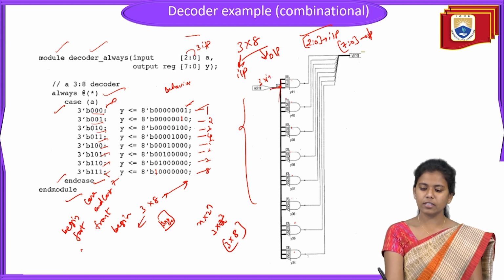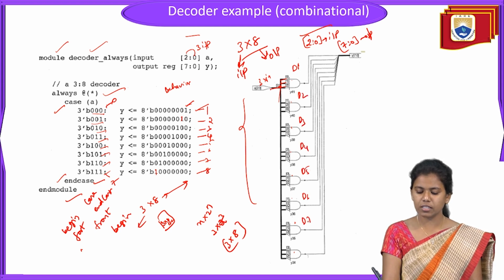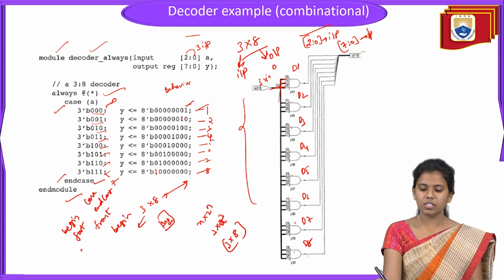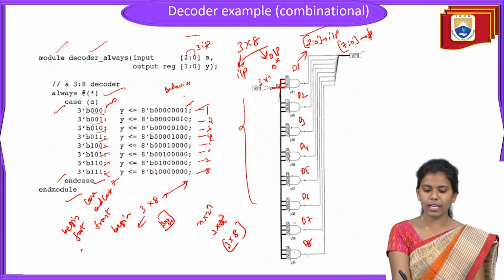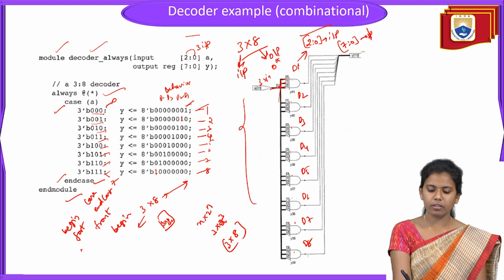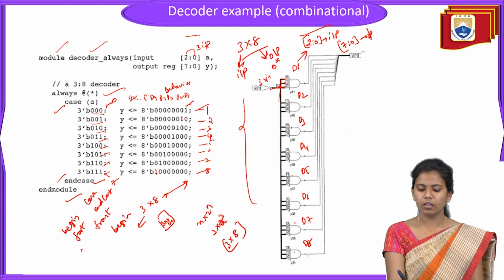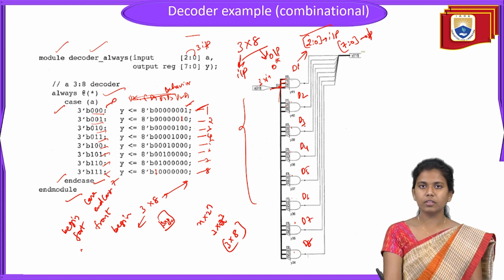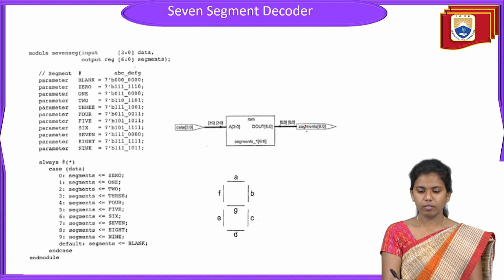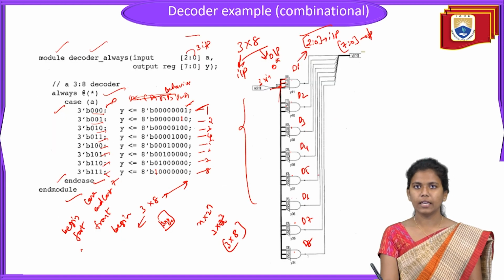We give 3 inputs at a time. For the 0th input, D1 is enabled and all the others are disabled. For the next input, D2 will be enabled and all others disabled, and for the third case D3 will be enabled and the rest of the outputs disabled.